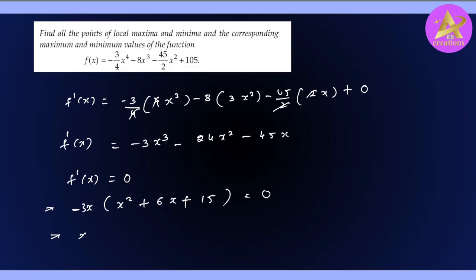We get finally x equal to 0, or x square plus 6x plus 15 equal to 0. From here we get x equal to 0, one point, and this is a quadratic, or otherwise if factorization is possible, we can do it. If you multiply two numbers we have to get 15, and if we add the two numbers we have to get 6.